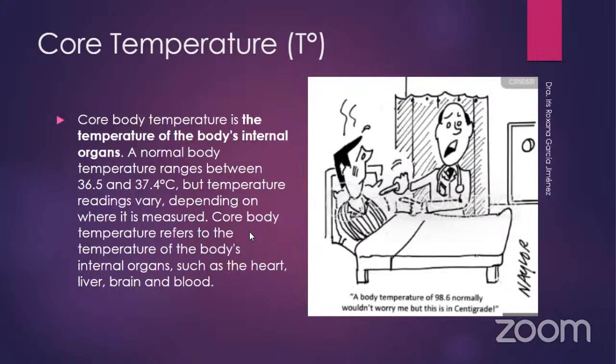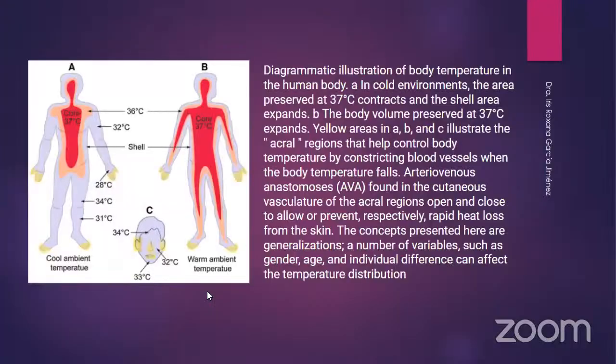The core body temperature refers to the temperature of the body's internal organs, such as the heart, liver, brain, and blood, of course. This chart shows how it changes according to the place and according to the body position you decide to take this parameter in.